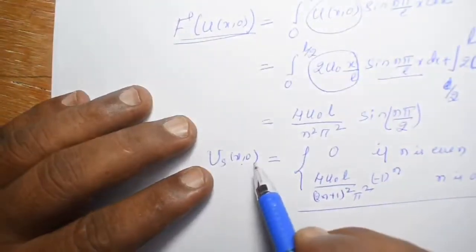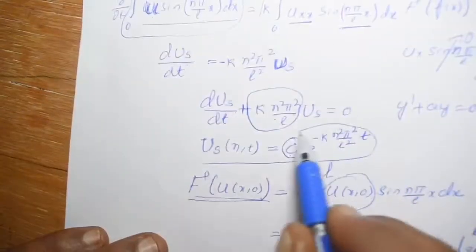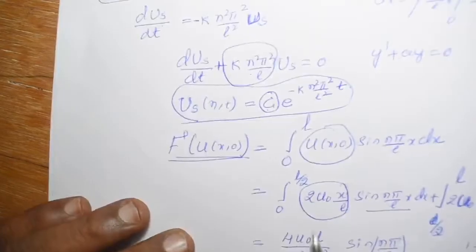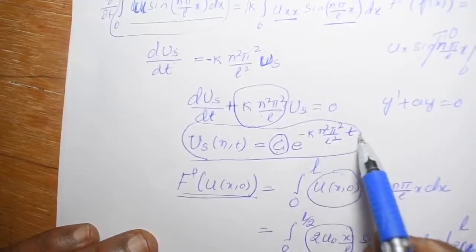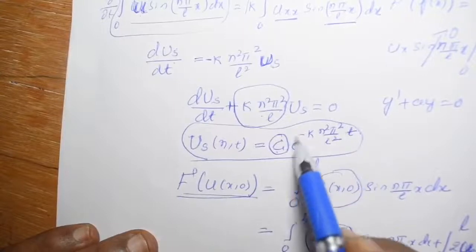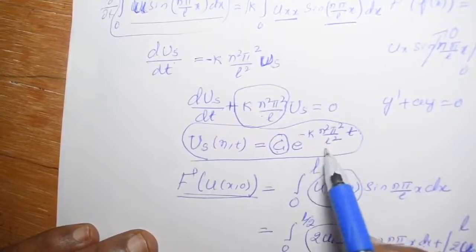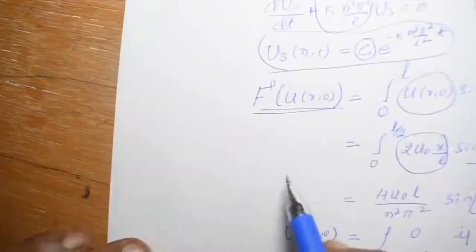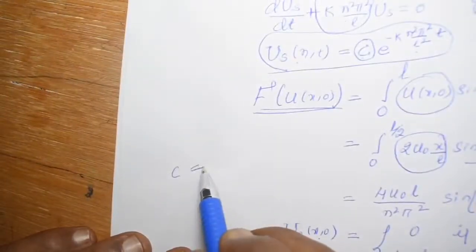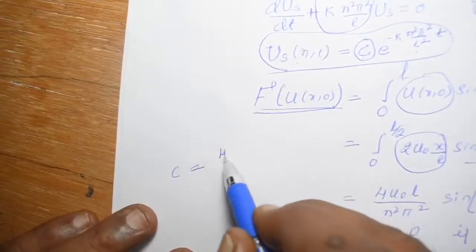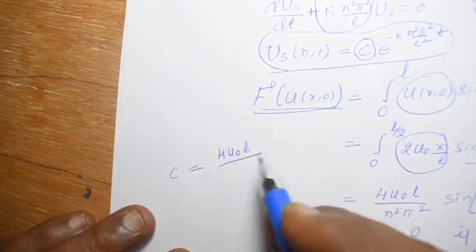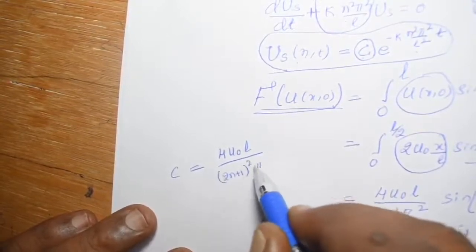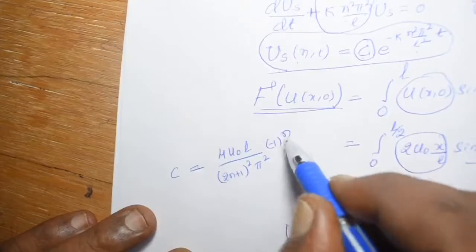Now, using this initial condition in this solution, put t is equal to 0 in this expression, then the exponential function will become 1, and here the value is this one. That's why the constant value will become c is equal to 4 u naught L divided by (2n plus 1) whole square into pi square into minus 1 to the power n.